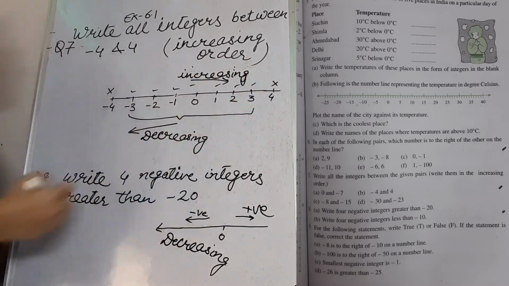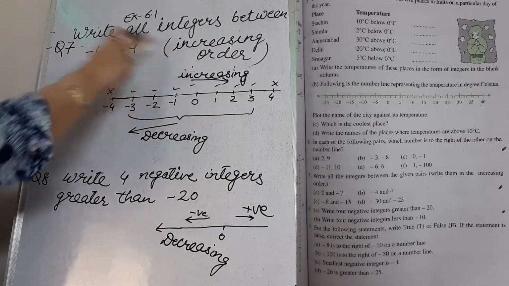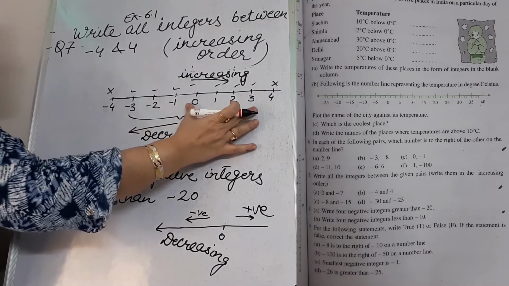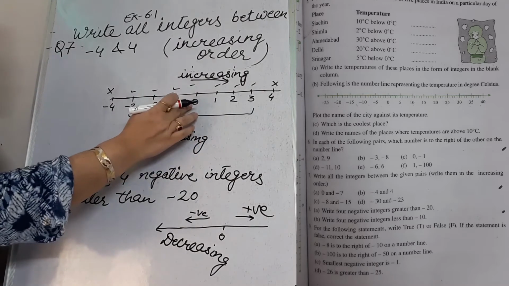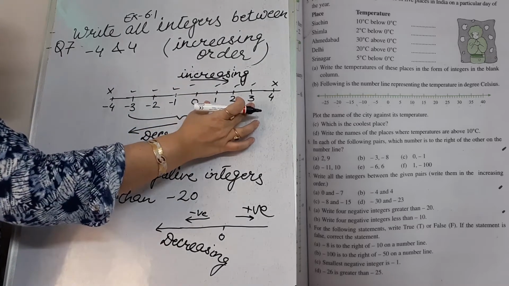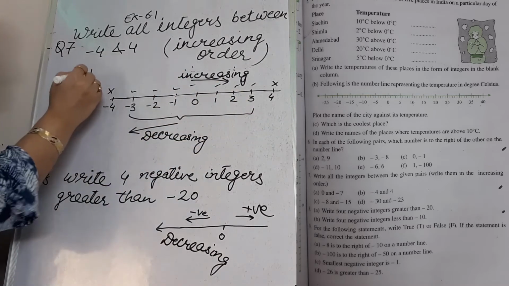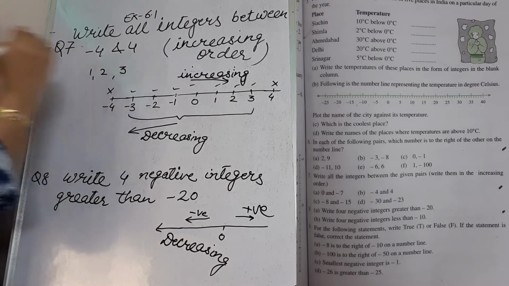So I have to arrange in increasing order. If I am talking about these 4 integers, actually 0 is not positive or negative integers. I am talking about 1, 2 and 3. These are in increasing order. So I will write 1, 2 and 3.